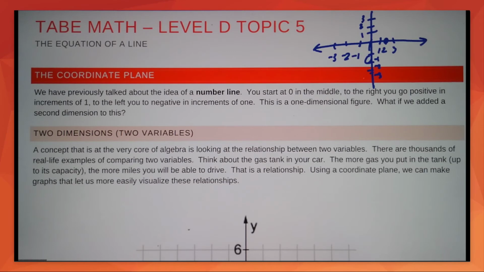The reason why we have these is because in algebra, one of the fundamental things that we cover is the comparison between 2 different variables, and what is the relationship that exists there, or is there not a relationship there?